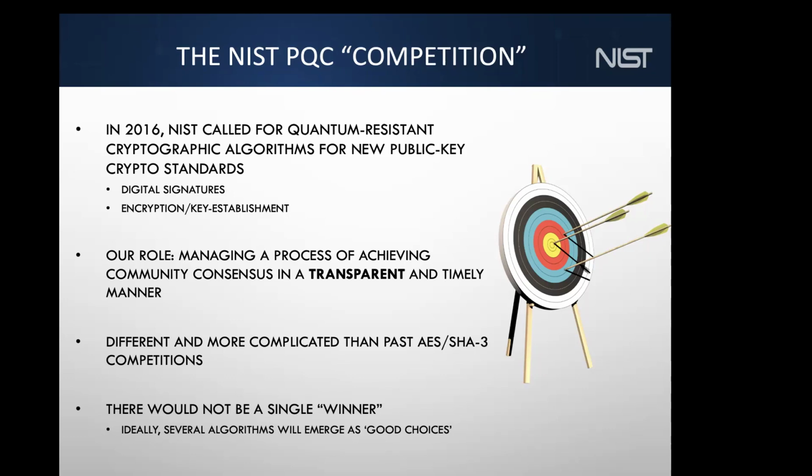And also, because PQC is an active research field, we want to not just have one encryption algorithm or one digital signature algorithm, because perhaps in the future, someone will come up with a brilliant new attack. We need to have other algorithms in place to have a diversity of security assumptions so that we're always ready and have an algorithm available to protect our information.